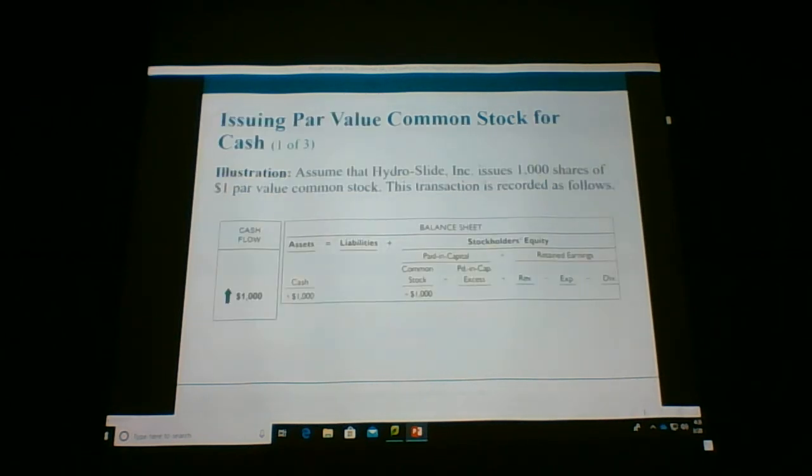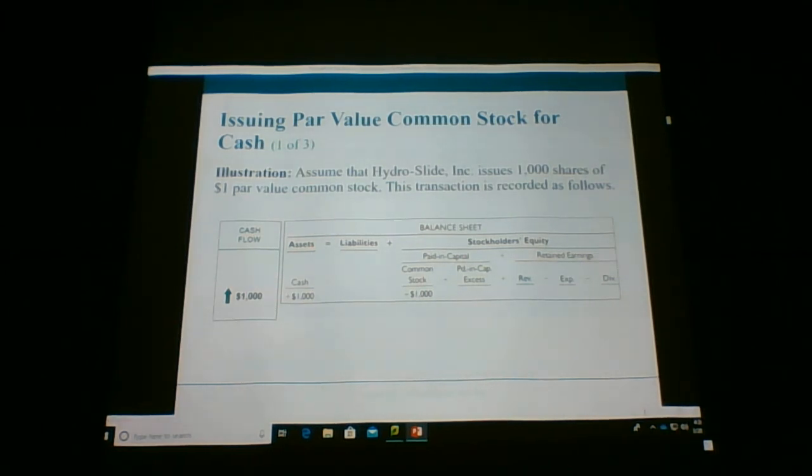Let's move on. So we have an example here. Hydroslide Incorporation has issued 1,000 shares of $1 par value common stock. This transaction is recorded as follows. Let me just say one thing really quickly: this presentation is what you have been used to.